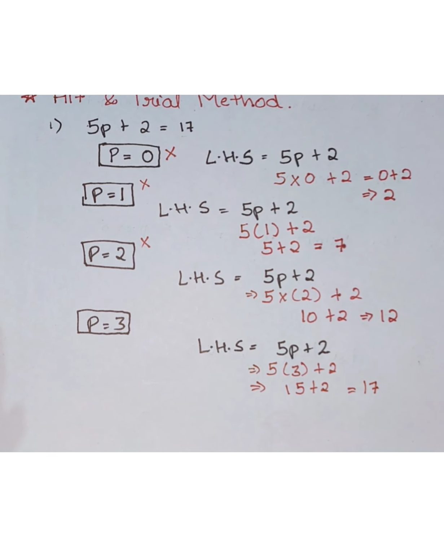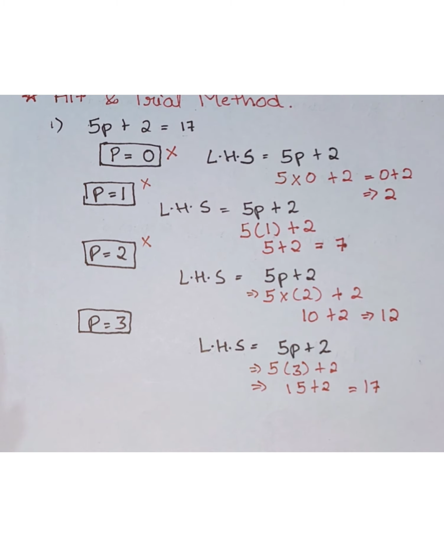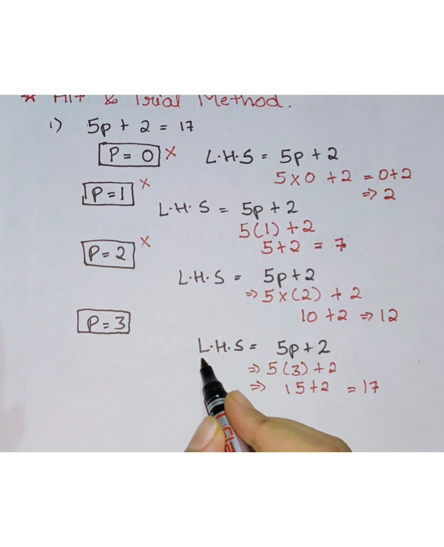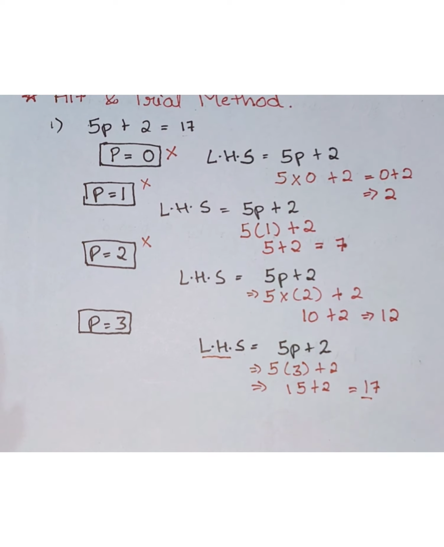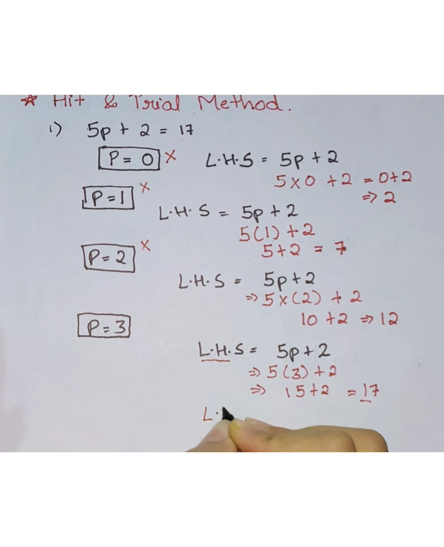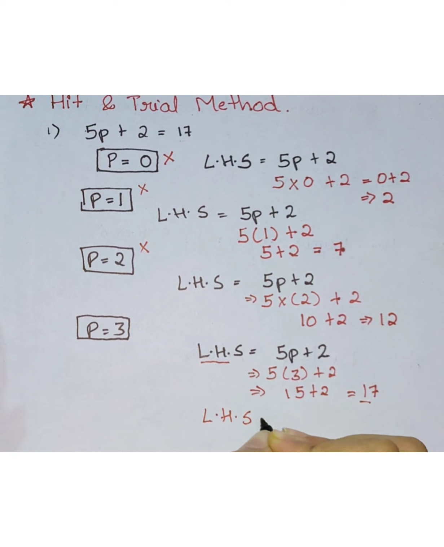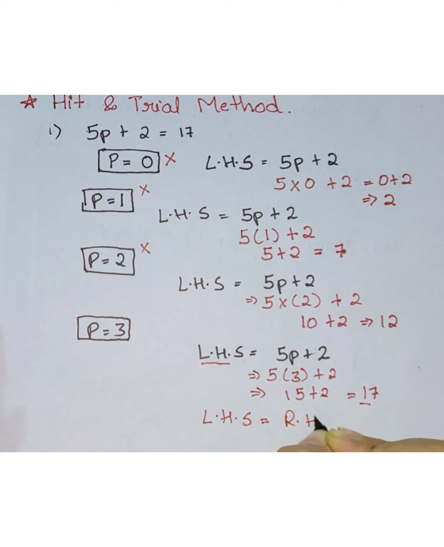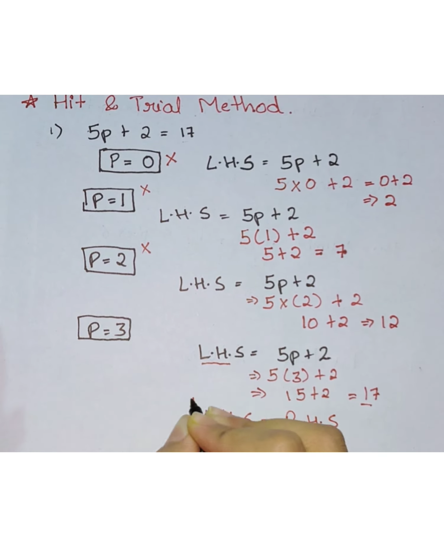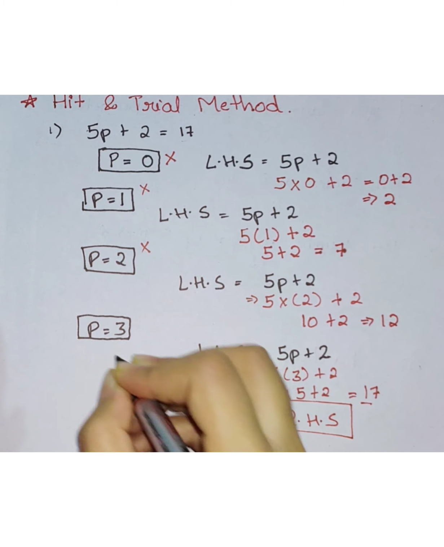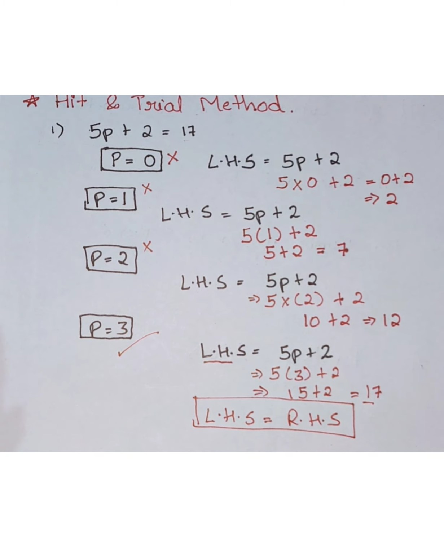So p is equal to 3 is satisfying our equation, as here we are getting LHS 17 equal to RHS. LHS is equal to RHS. So you can write p is equal to 3 is satisfying the given equation.